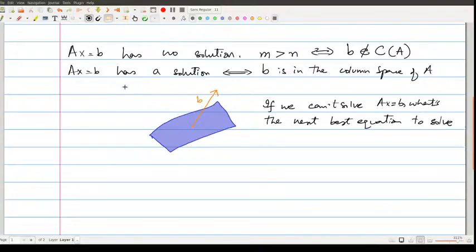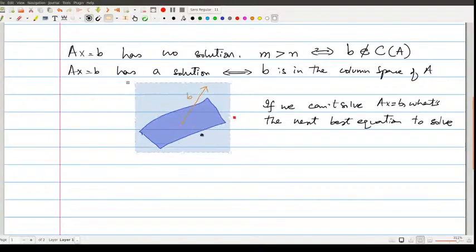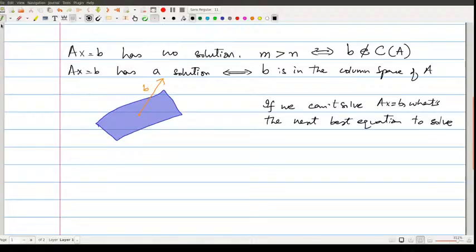When you ask the question like that, what we're really asking is: what vector in this column space is the closest possible vector to this vector b? What if I take this vector and project it?